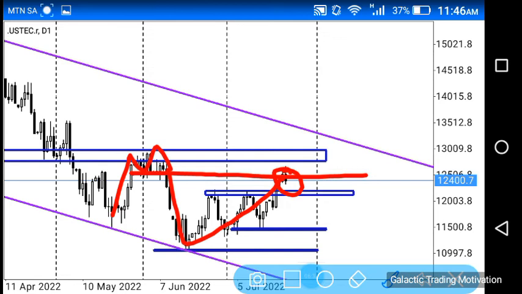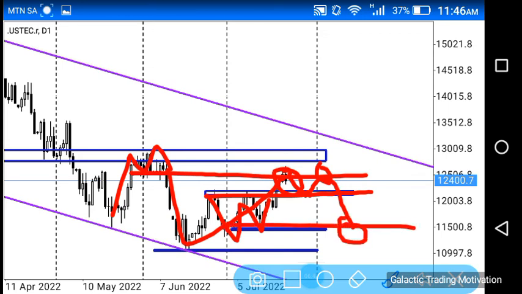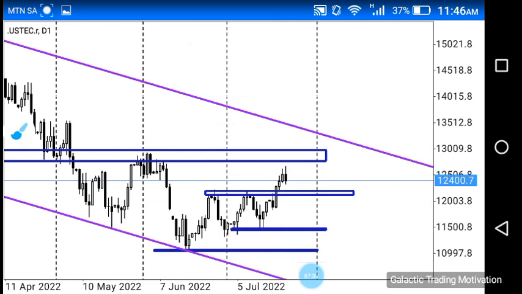And from here, where price is, we might see it, as I said, come down to this level to retest the neckline of this W structure, and then possibly push further up to form the second leg of the M structure, and then we might see price push further down. At this point in time, this is just me speculating and sharing with you what I would love to see as far as Nasdaq goes. Anyway, on this particular chart, I don't see anything else that is particularly interesting.